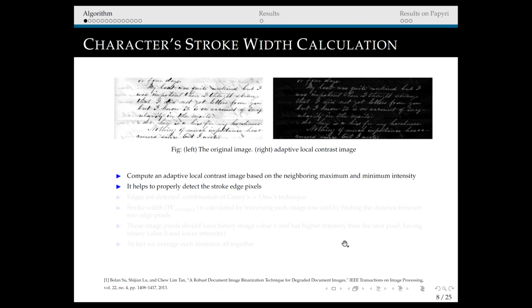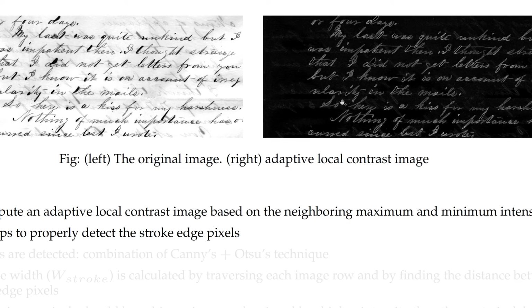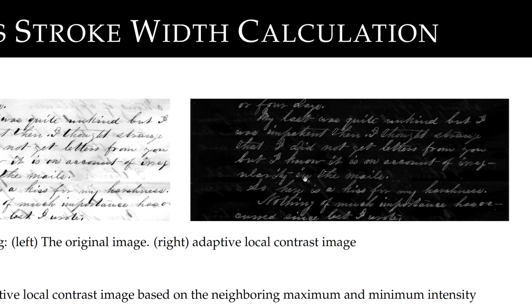So to find the stroke in the image, what we do is you have an image like this, and you do some processing so that the image is enhanced, and the edges are more visible from the background. This is like enhancing the contrast of the image, with some extra processing.